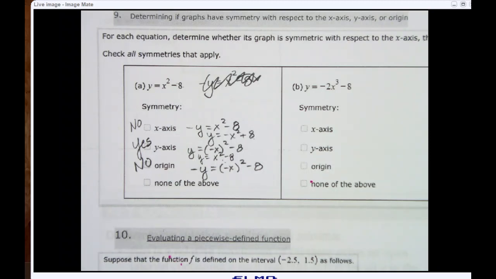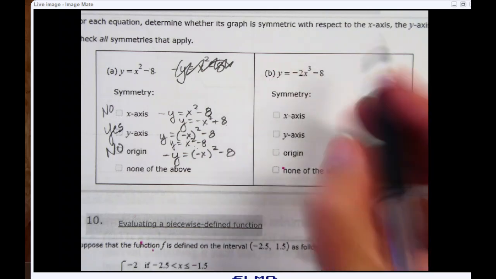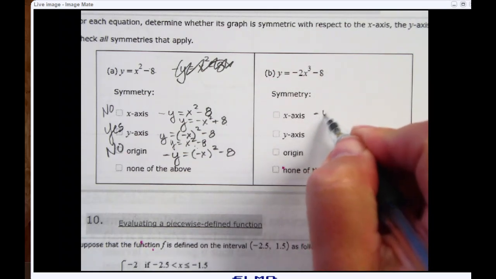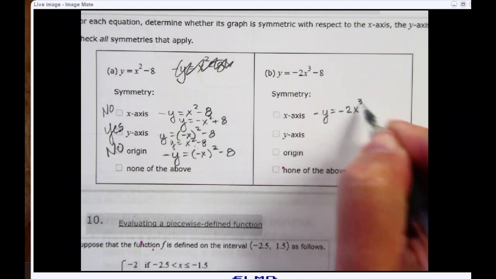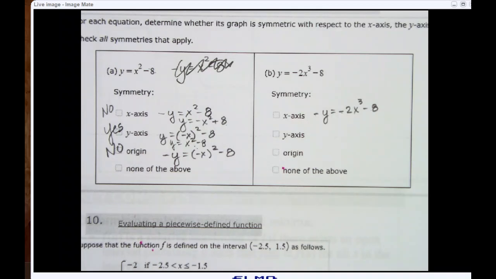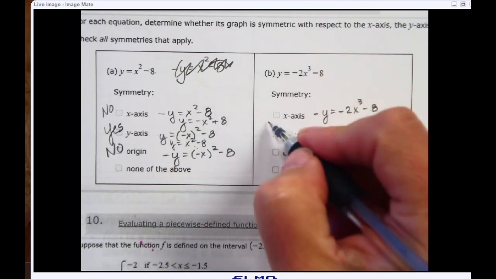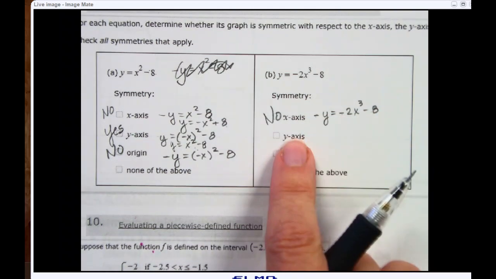Should we do that one more time? One more time. Symmetric on the x-axis, what do we do? Negative y equals negative 2 times x cubed minus 8. What's going to happen if I divide everything by negative? It doesn't match the original, right? No. For the y-axis, what do I substitute in?